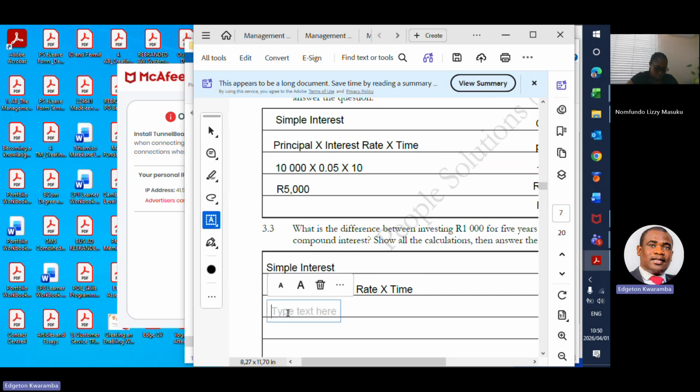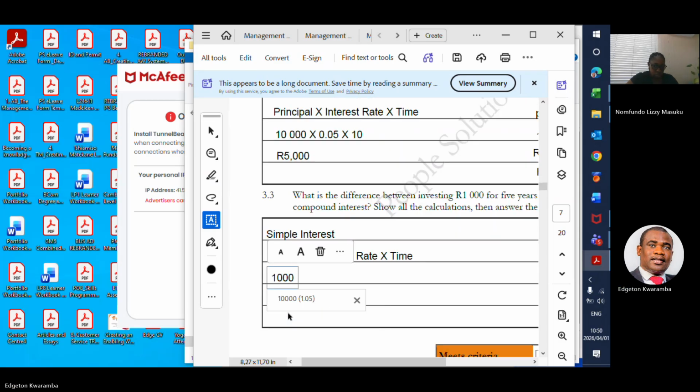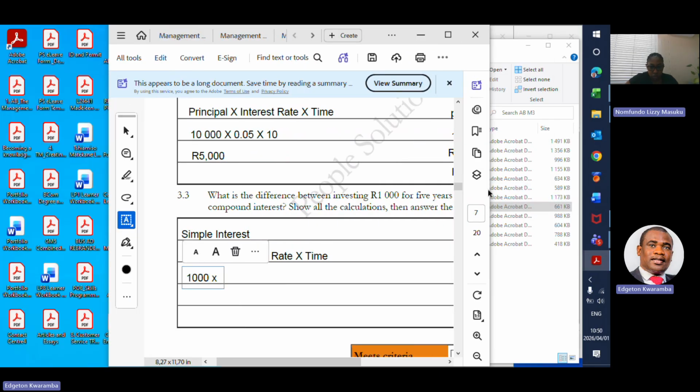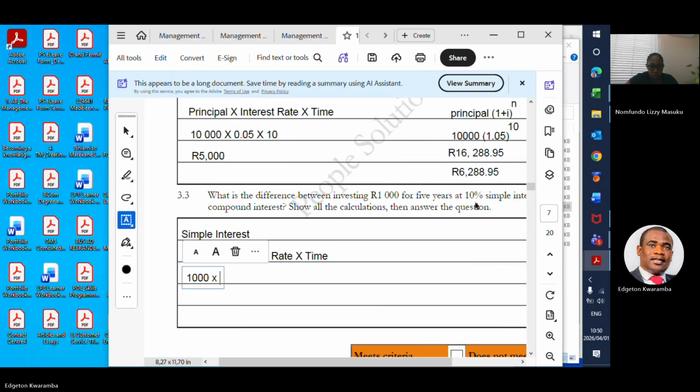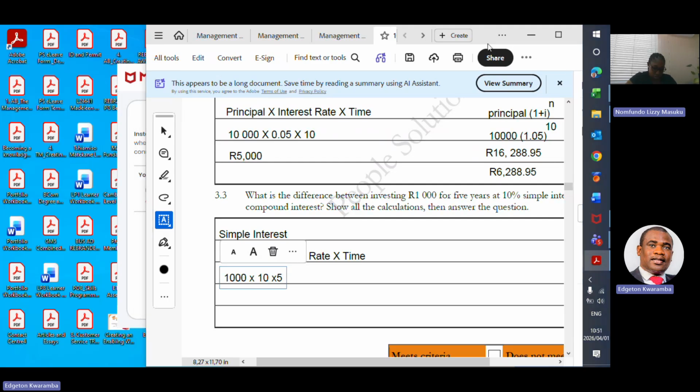Okay, so it's 1,000 rand times the rate, which is 5% also. Let me confirm. 10%, 5 years. Yeah, 10%. Times 5 years.